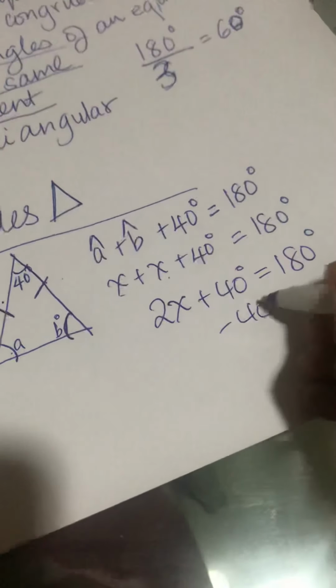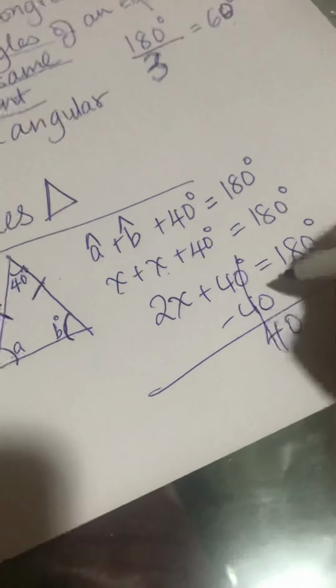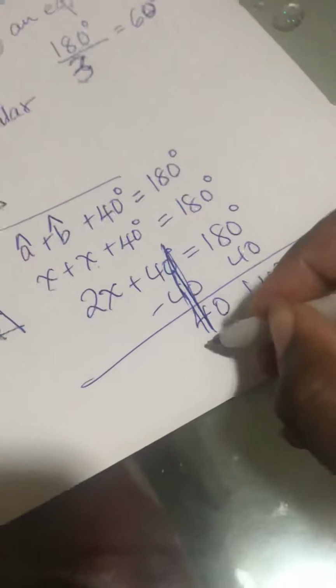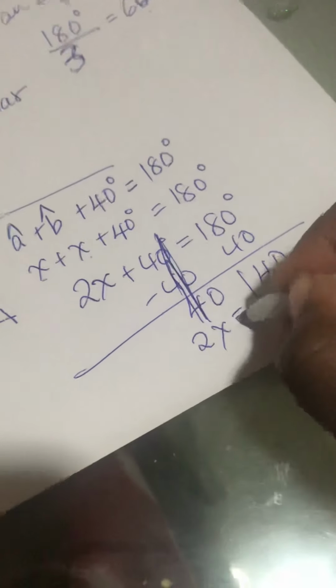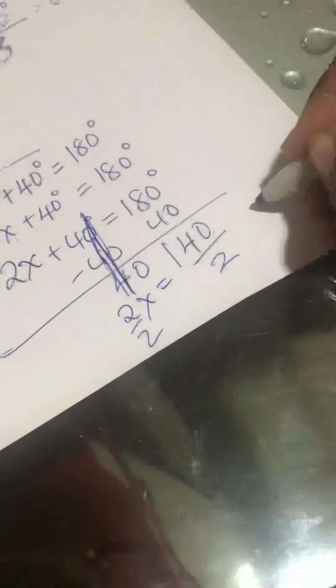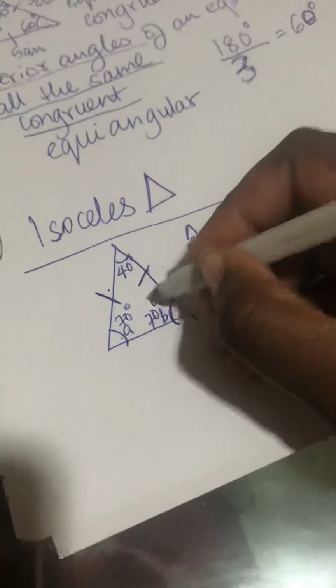I minus 40 on both sides. I get 0 here. I get 140, 2x. 2x equals 140. Divide both sides by 2. X equals 70 degrees. So I come here and I write 70 degrees, 70 degrees.